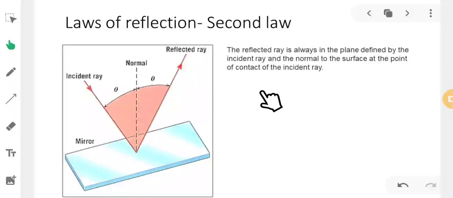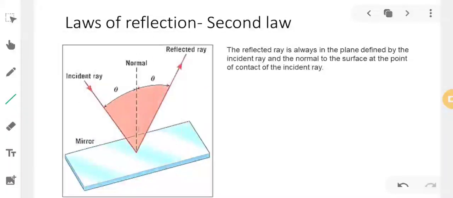So according to this law, the incident ray, the reflected ray, and the normal, they all lie on the same plane. Fine. Suppose this is your incident ray, this is your normal, and this is your reflected ray.